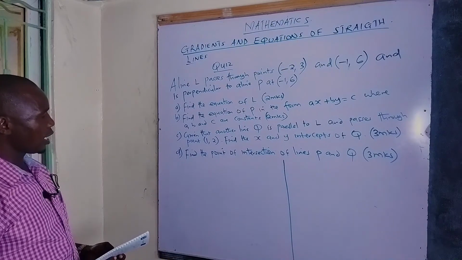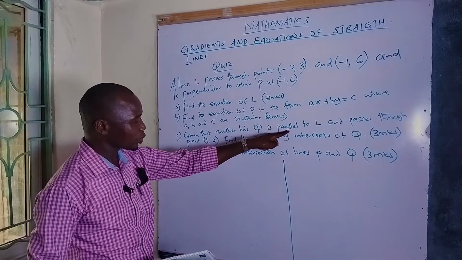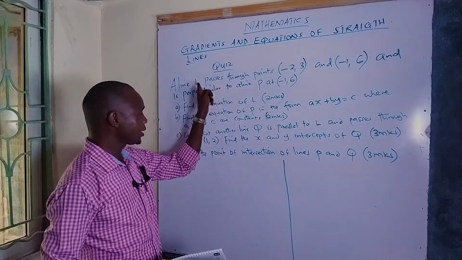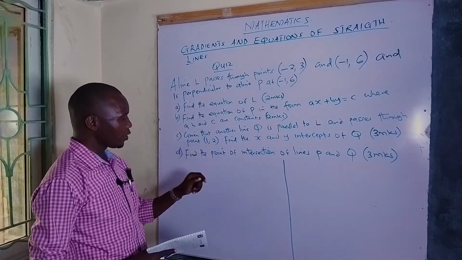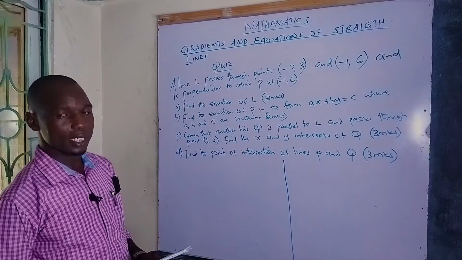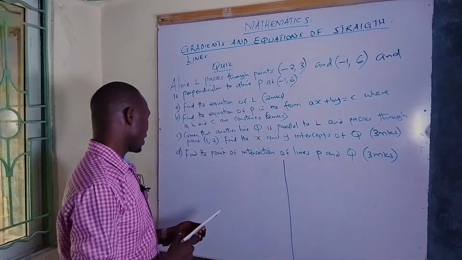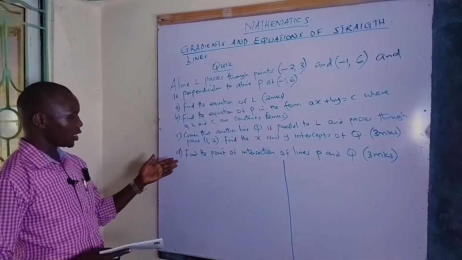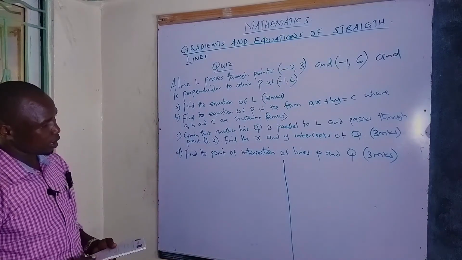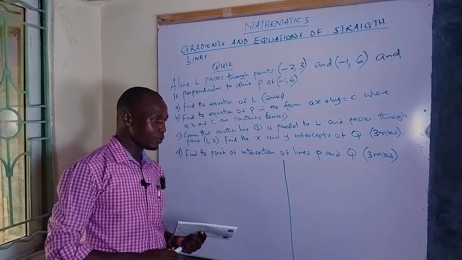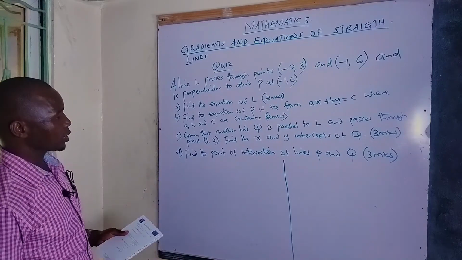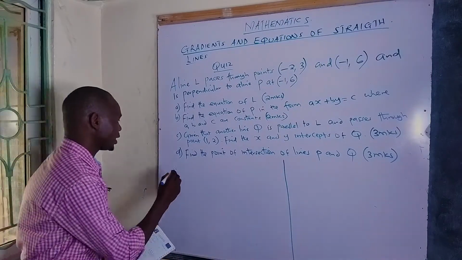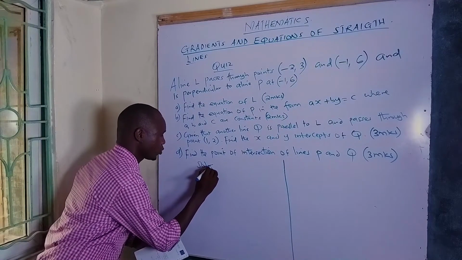C, given that another line Q is parallel to line L and passes through point (1, 2), find the x and y intercepts of Q, 3 marks. And the last part is to find the point of intersection of lines P and Q for 3 more marks, which makes it 10. So the first part, let us look at the solution for this question.